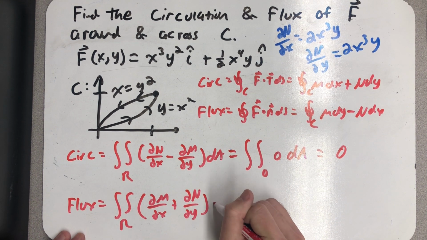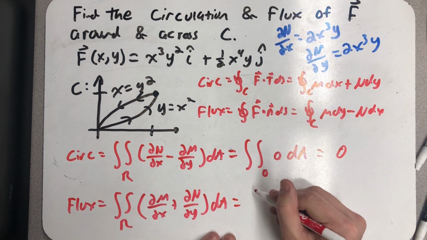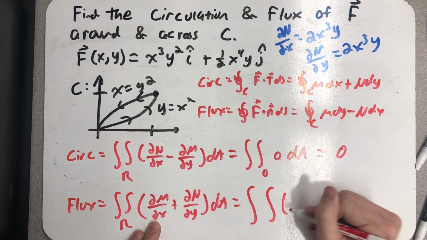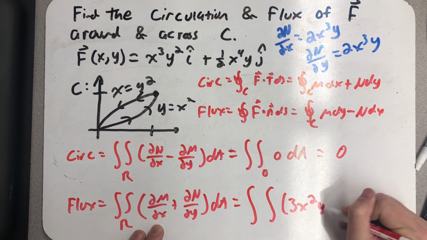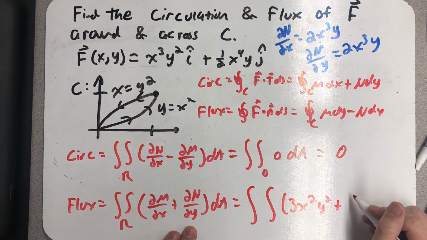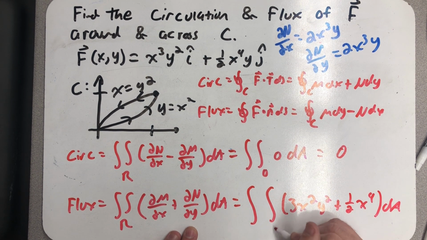So I need to take 2 more partial derivatives, and this time I will have a more interesting double integral to consider. So the partial of m with respect to x, I get a 3x squared y squared. Plus the partial of n with respect to y, I get 1/2 x to the 4th. So this double integral I actually have to consider.